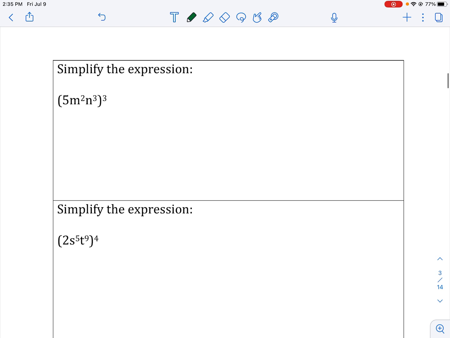So let's try this again. I have 3 terms within my parentheses. This 5, I do not see an exponent on that 5, so I'm going to go ahead and put 1 in there. When there is no exponent written, we know that has an exponent of 1.